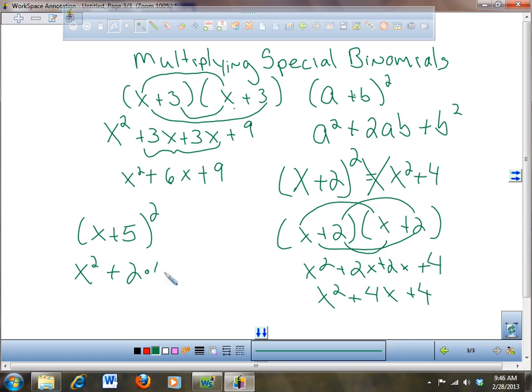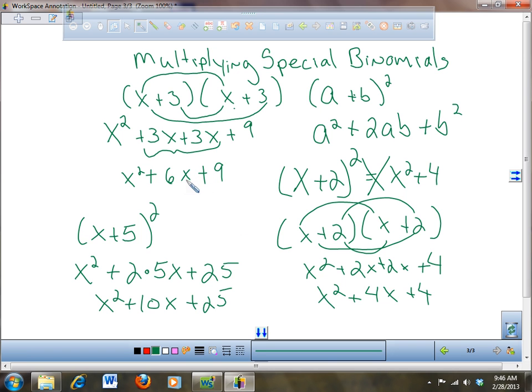Plus 2 times 5x plus this squared, which is 25. So when you simplify, you end up with x squared plus 10x plus 25. All right? So that's kind of the shortcut cheater way.